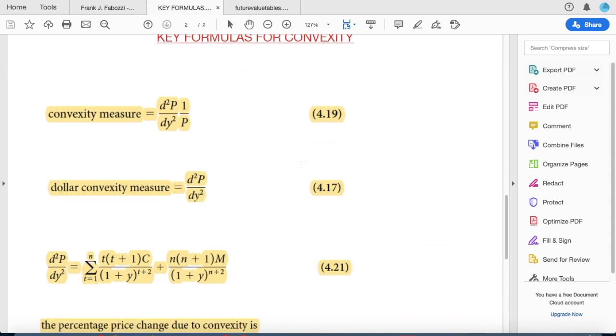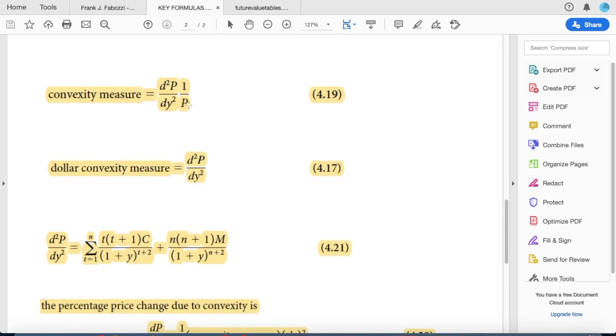So it's the convexity measure: the second derivative of P with respect to the yield rate of return, times 1 over P. So we have first to compute the second derivative, and this is the formula for the second derivative, the 4.21.